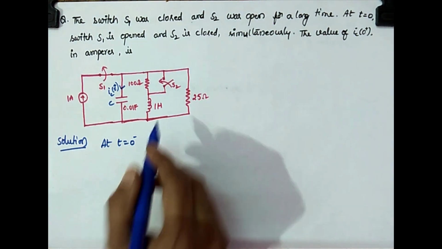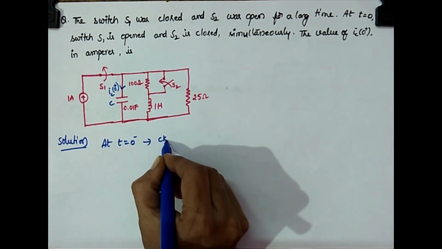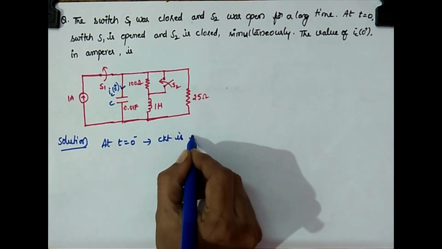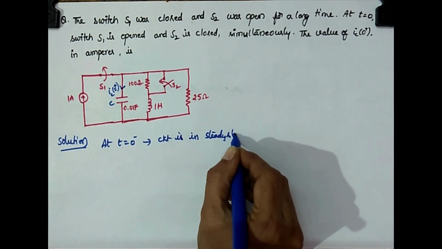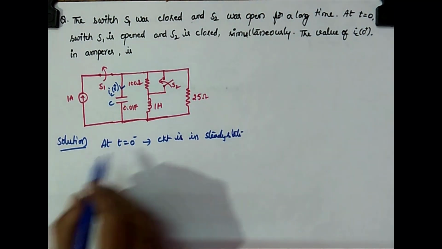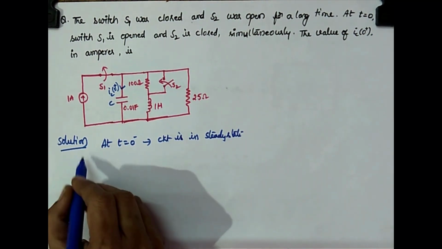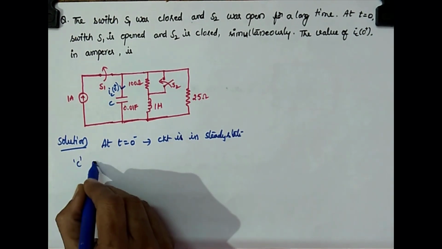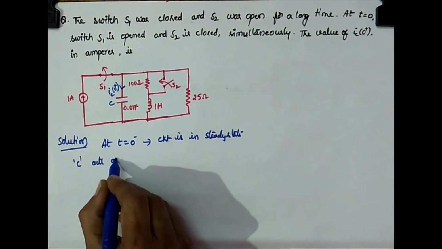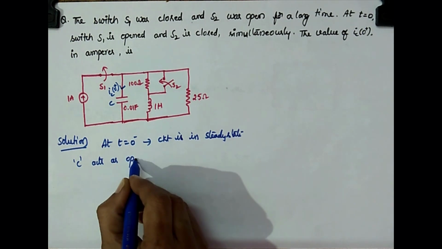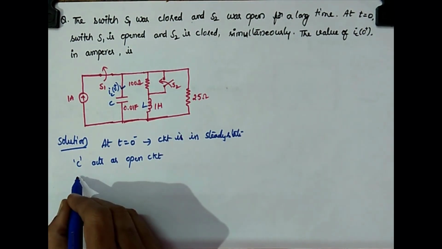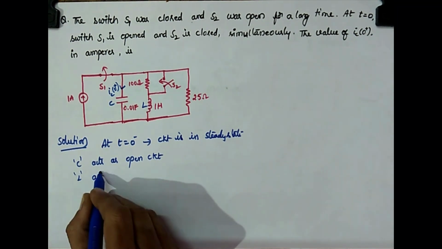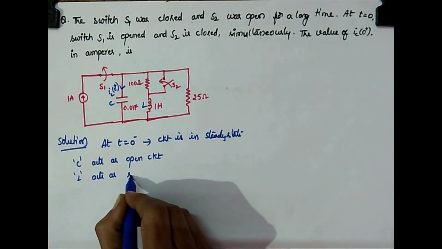So at t = 0 minus, the circuit is in steady state. When the circuit is in steady state, the capacitor acts as an open circuit and the inductor acts as a short circuit.